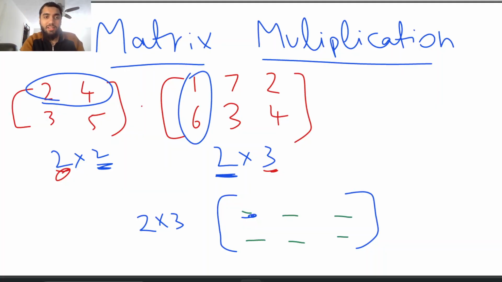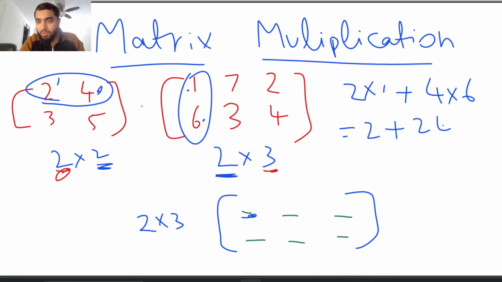What I mean by that is you take the 2 and multiply with the 1. So 2 times 1 plus you take the 4, multiply with the 6. 4 times 6, calculate that. That is 2 plus 24. It would be 26. And that value would be 26.